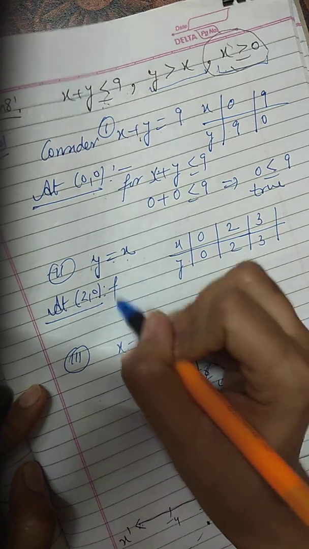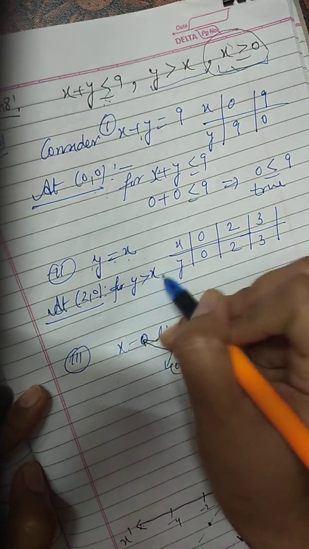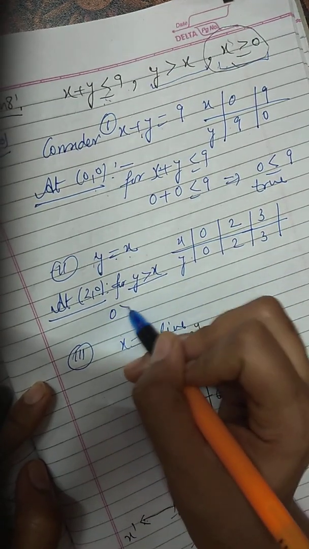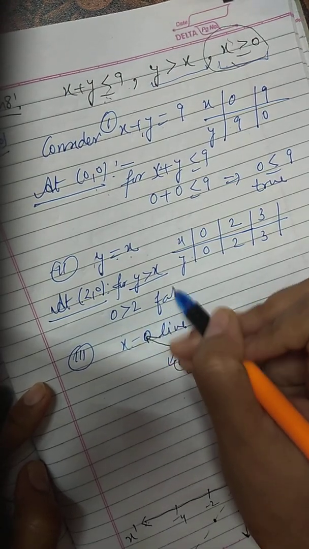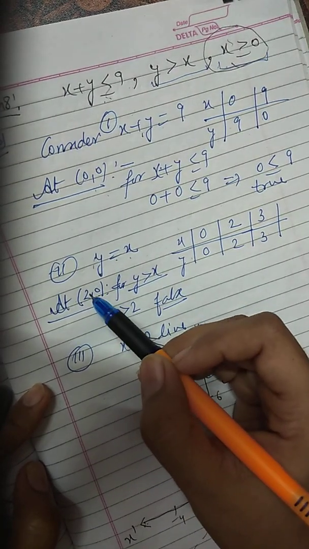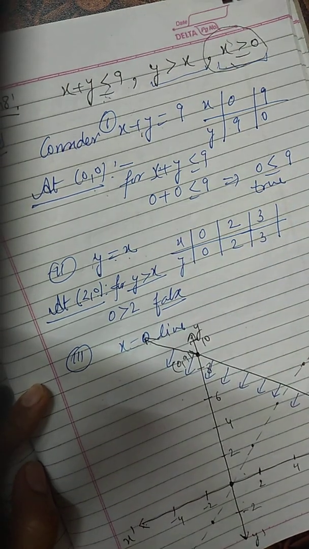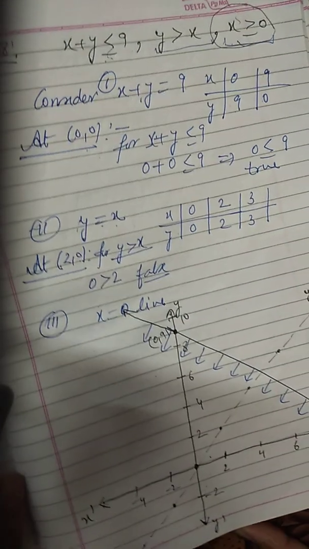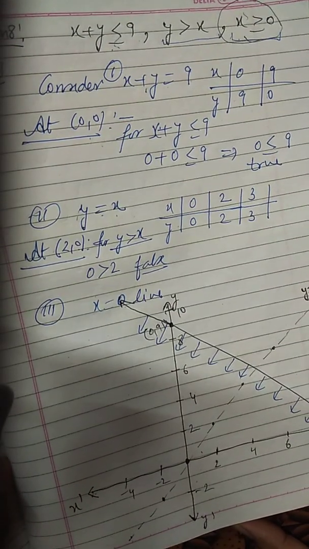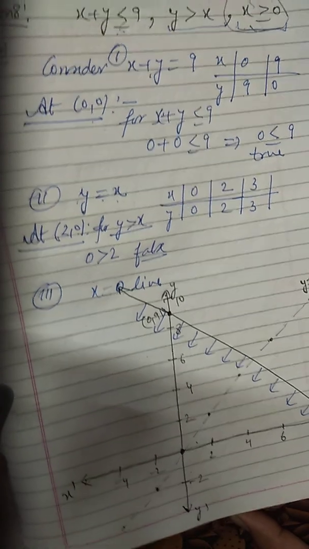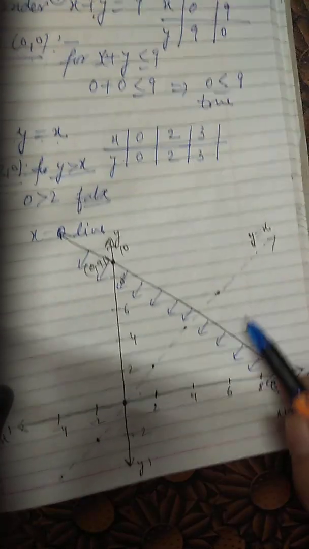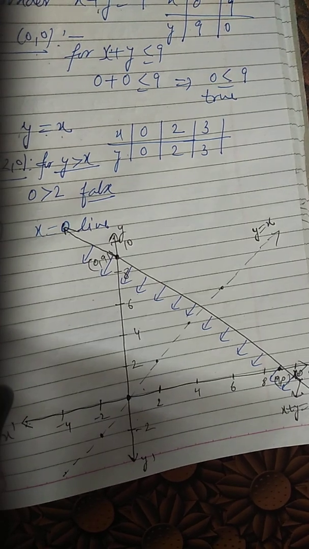So when I put y greater than x, here if I put 0 greater than 2, it is false. That means the region which is having the point 2 comma 0 is not the solution region for this inequality y greater than x.